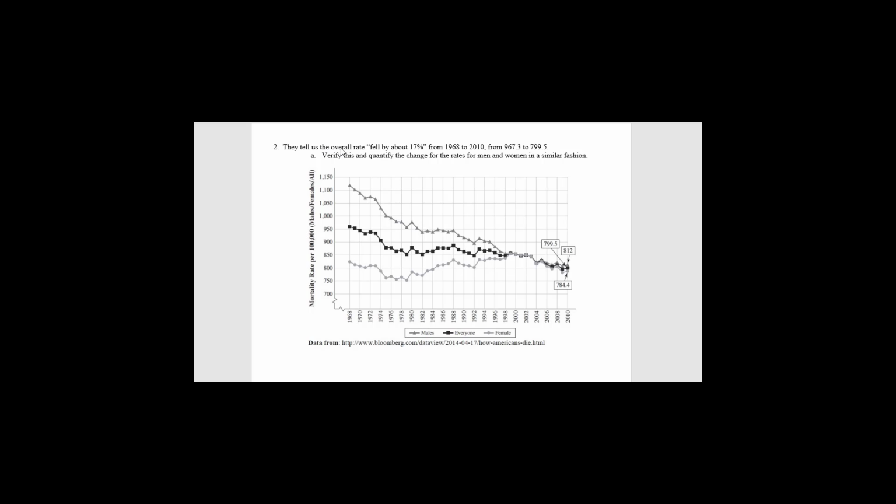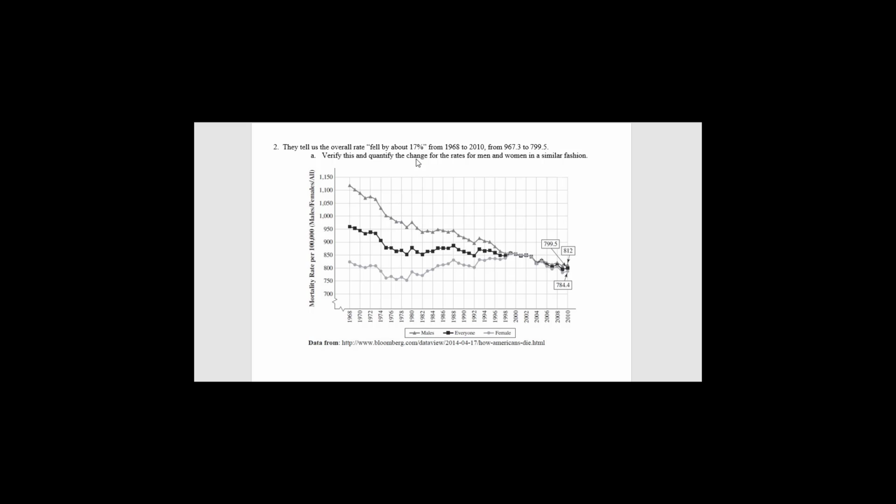So they're saying that the overall rate, which is this one, because it's overall men and women, fell by about 17% from 1968 to 2010, or from 967.3, which would be there, to 799.5, which is there. So they want us to verify this and quantify the change for the rates for men and women in similar fashion.